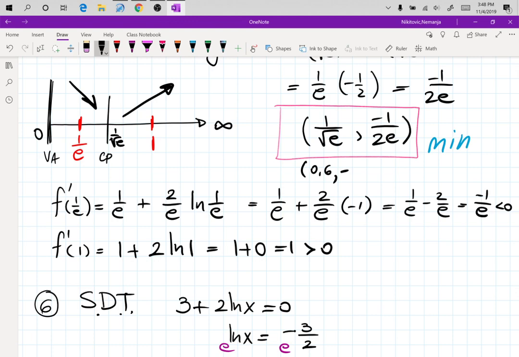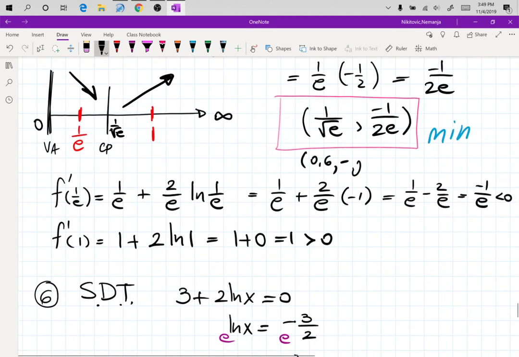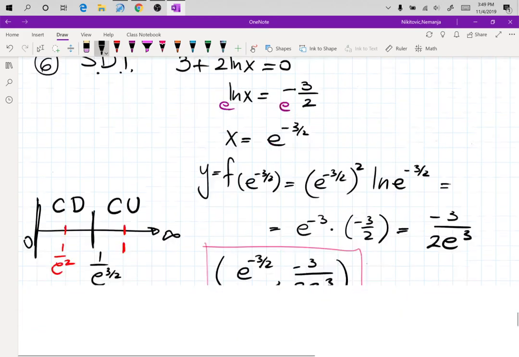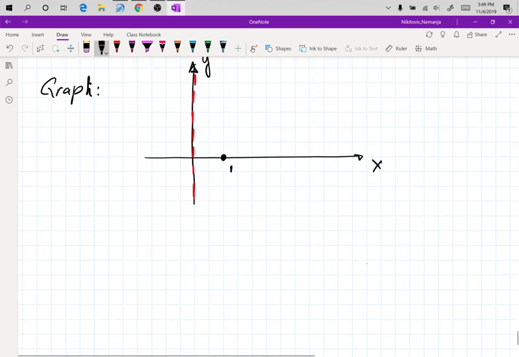About 0.2, 0.18. So this is an approximation for these values. So 0.6, negative 0.2 should be right there, and it's supposed to be a minimum. There we go. A different answer for negative 1 divided by 2e.